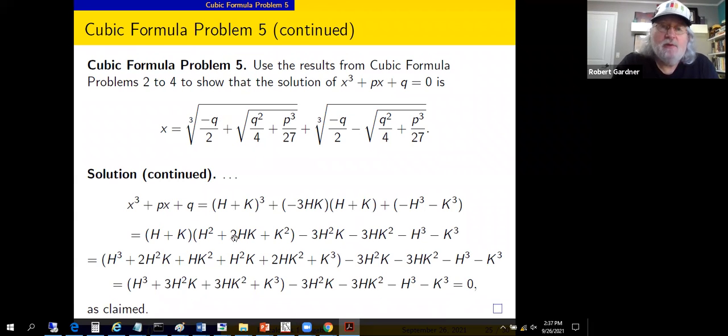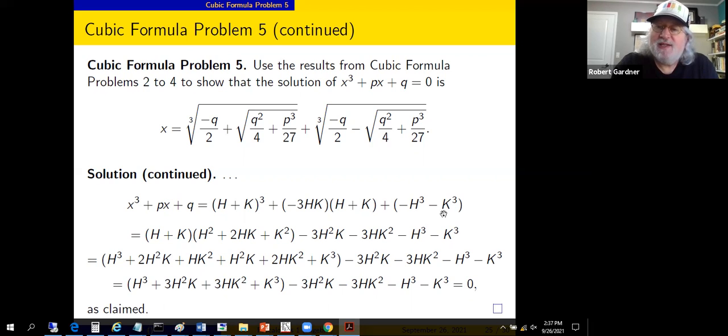If we check it, x cubed plus px plus q, we have x was h plus k, p was negative 3hk, said at the bottom of the previous slide. q was negative, h cubed plus k cubed was negative q, so q itself is a negative of that. So we're simply checking to make sure this has worked. Cubing produces this in parentheses, h plus k cubed equals this. We've done that previously. Distribute produces this.